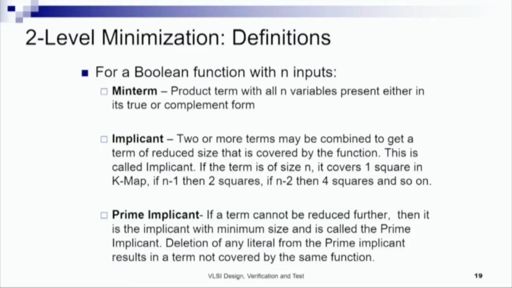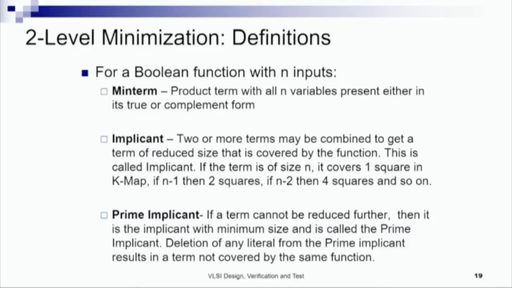Now we come to the definition of a prime implicant. If a term cannot be reduced further, then it is the implicant with minimum size. Why can't it be reduced further? Because whenever we reduce a product term, it covers a few more cells in the Karnaugh map.